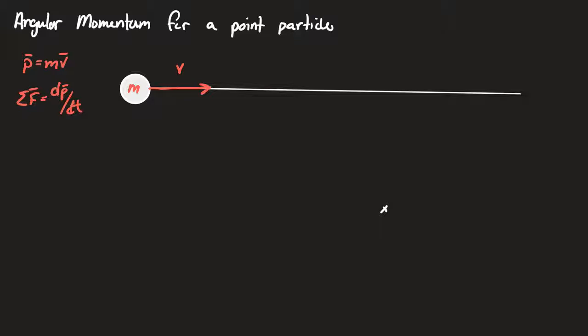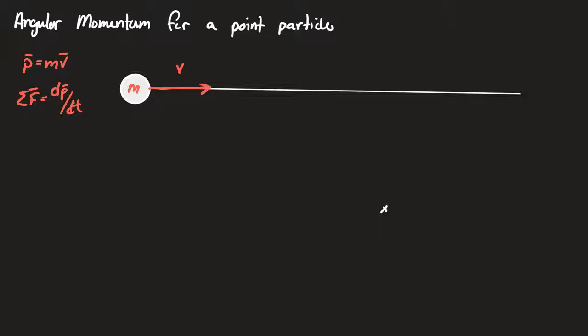In fact, if you were connected by a string to this object, as it passed by, it would cause you to turn. Does that also make sense? This is how we relate the angular momentum of a point particle as it travels in a straight line relative to some point in space.